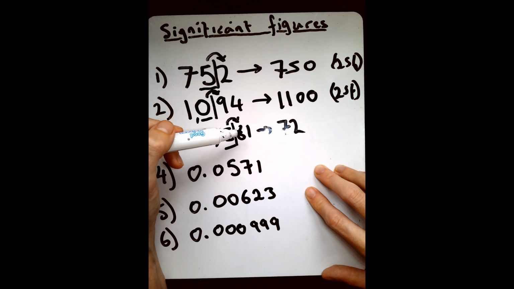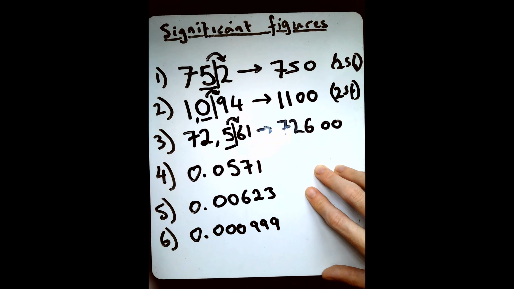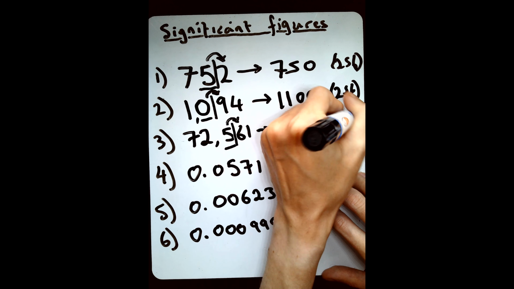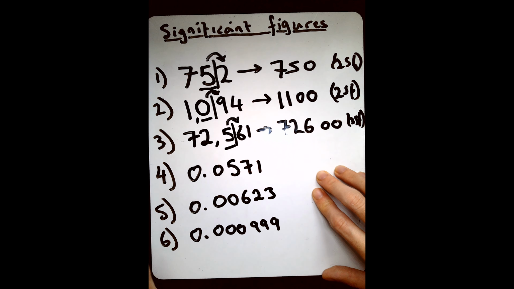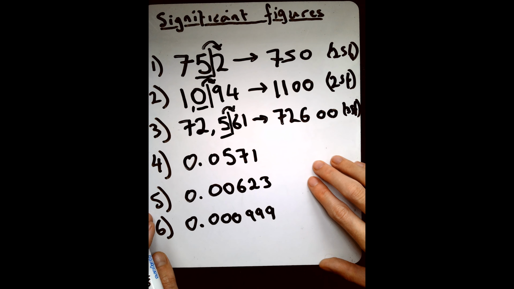Now the next digit is a 6, which is 5 or above. So that means this 5 just before my imaginary wall is going to go up to a 6, and then we're going to have 2 zeros. Okay, and that's going to be to 3 significant figures.